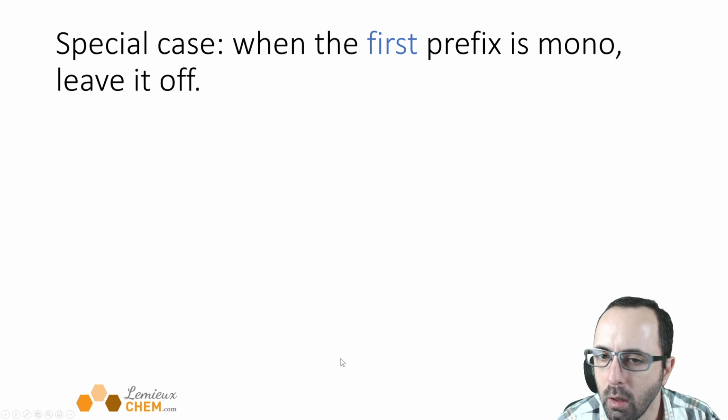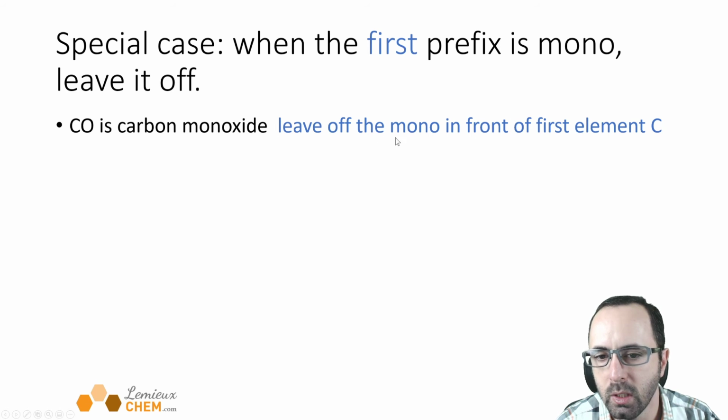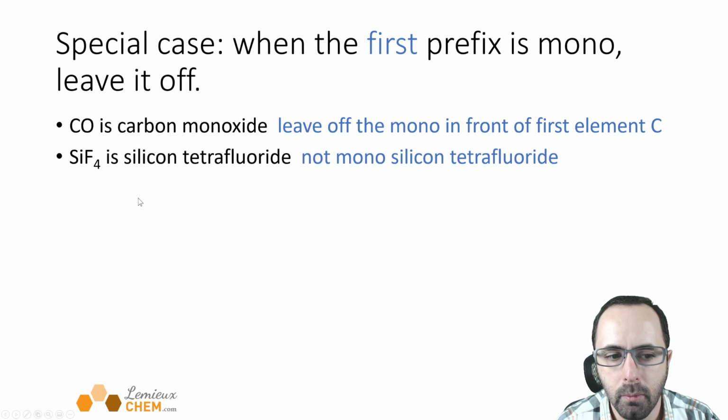So there are a few exceptions to this. When the first prefix is mono, we don't write it. So when we have CO, we say carbon monoxide. We don't say monocarbon. If mono is at the very beginning, we don't write it. Or silicon tetrafluoride. We don't say monosilicon, okay? Because we don't put mono at the very beginning.